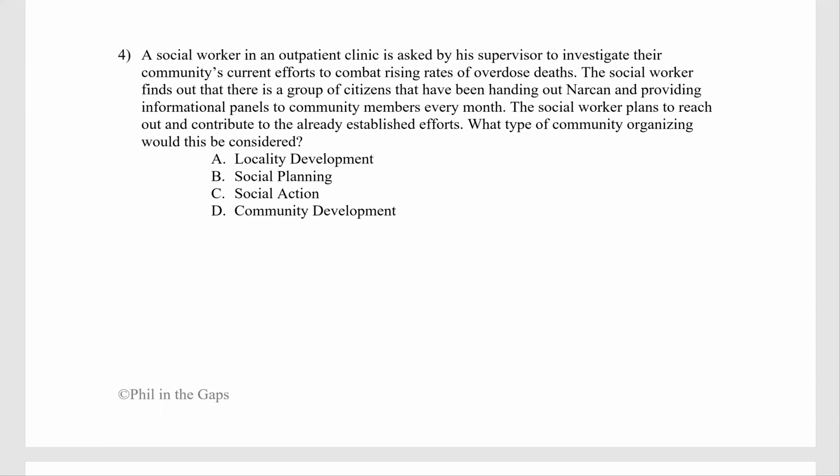The majority think it is A. Second place is C. Third place is B. Fourth place is D. Let's look at it.